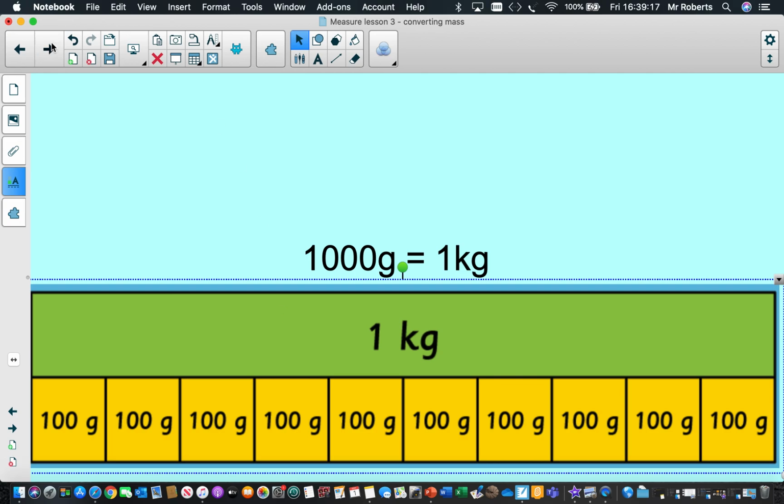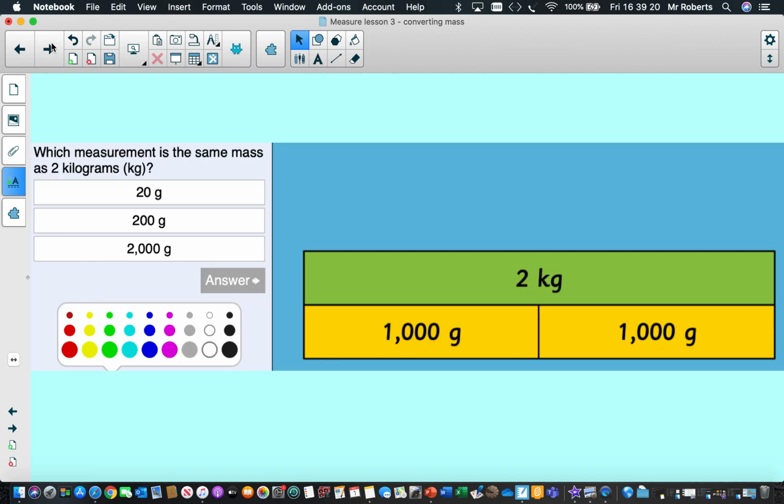So let's have a look at this question, which is one of the questions that you'll find on LBQ today. Which measurement is the same mass as 2 kilograms? So as per usual, they've given you the bar model showing you 2 kilograms and showing you the grams underneath.